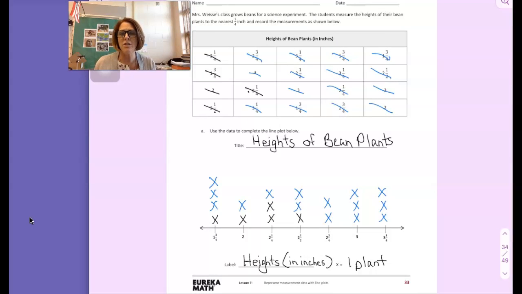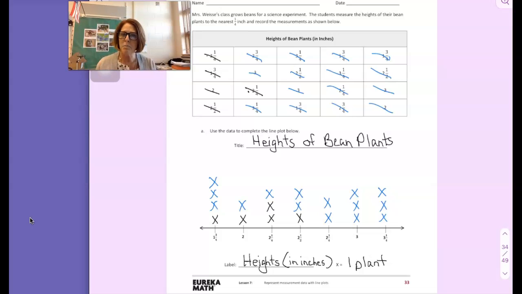And boys and girls, after we collect data and we record it in a graph, it's always a good idea to ask yourself, what do I see? What is this data telling me? And what I notice is that the heights of the bean plants are really kind of spread out. They didn't all get really tall and they didn't all stay smaller.